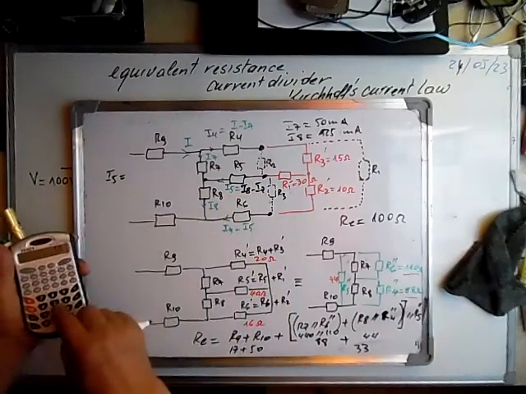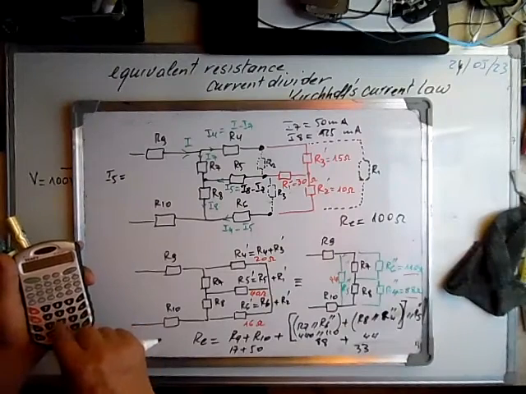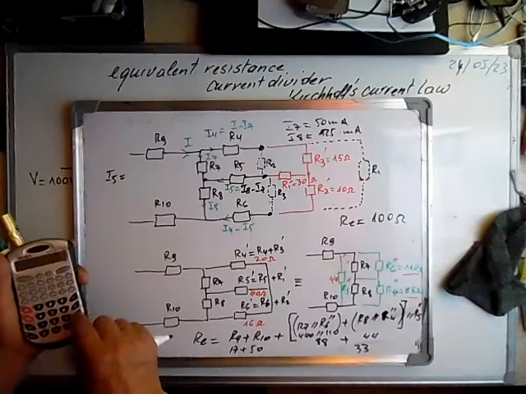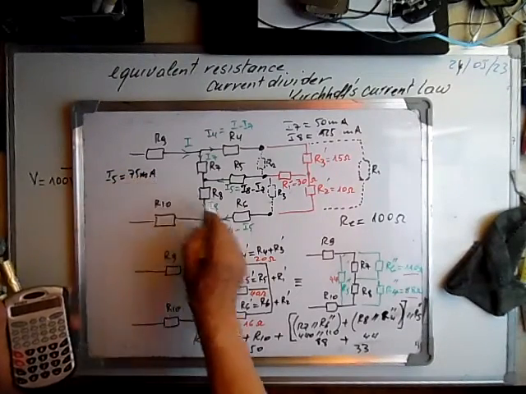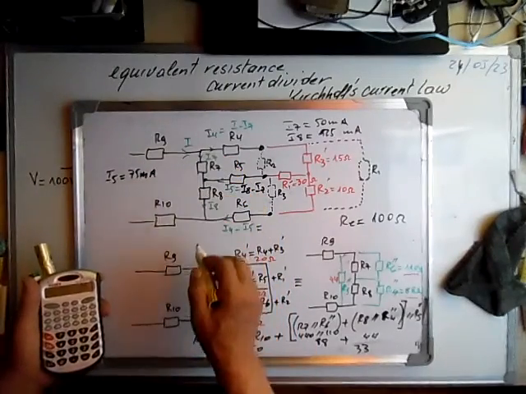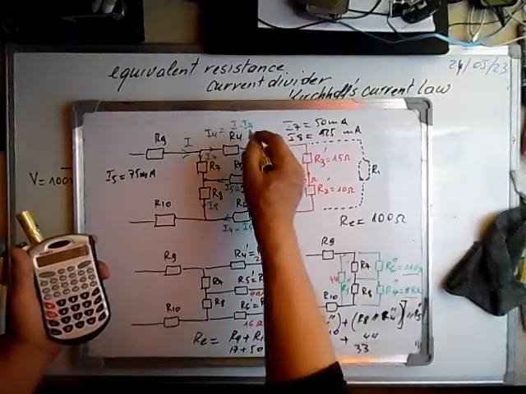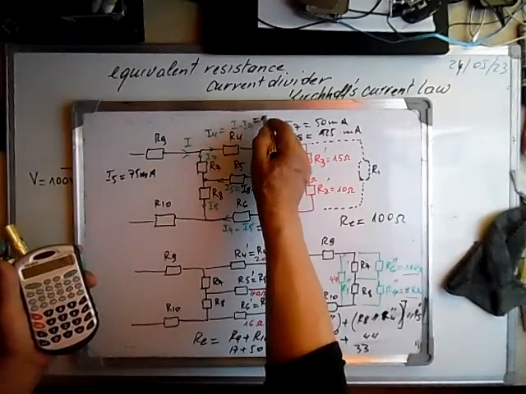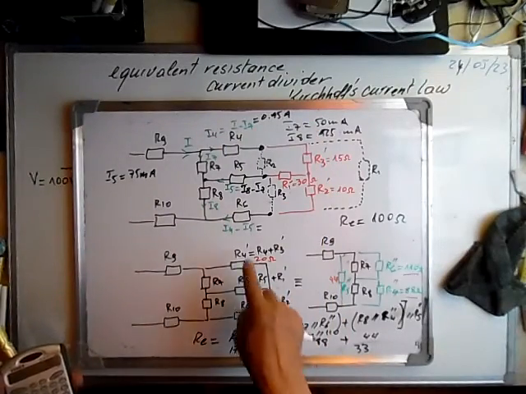It means here will flow 125 minus 50, which is 75 milliamp. Here flows 75 milli. Here will flow I4, which is 1 minus 50. Here I4 is equal to 1 minus 50, 0.95 amps.